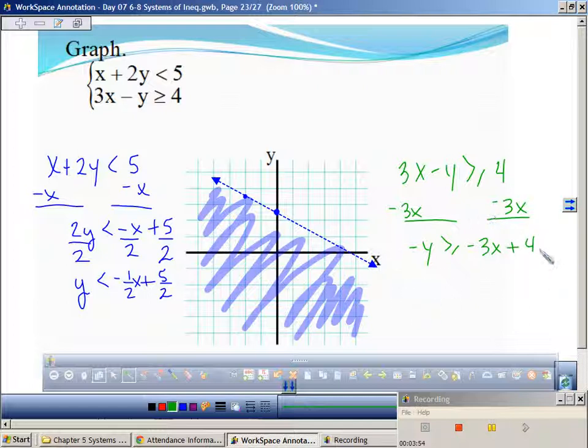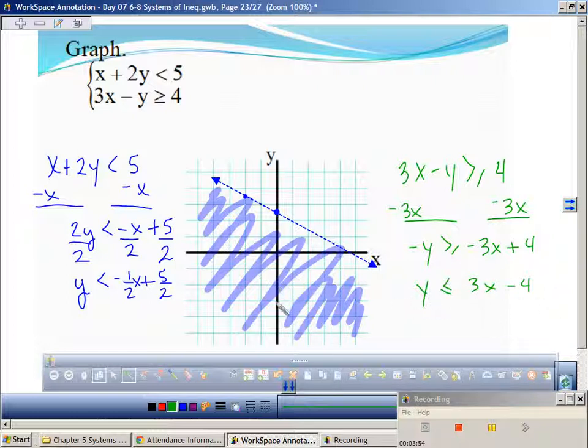I don't normally graph things with a -y, so I need to change the sign of every term. As I change the sign, I'm switching it to the opposite sign, so I also need to take the opposite of the inequality when I do that. Is everything opposite now? Yes. So now I can graph.